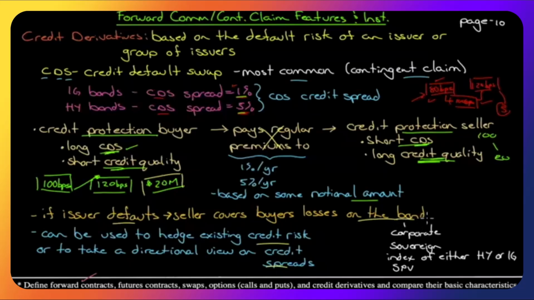When we say the bond, it could be a corporate bond, it could be a sovereign bond, or it could be an index of either high yield or investment grade bonds, or it could be a special purpose vehicle. So the obvious question that is probably popping into some minds right now is, if this is a credit default swap, what's a sovereign doing in there? It doesn't have a credit spread.